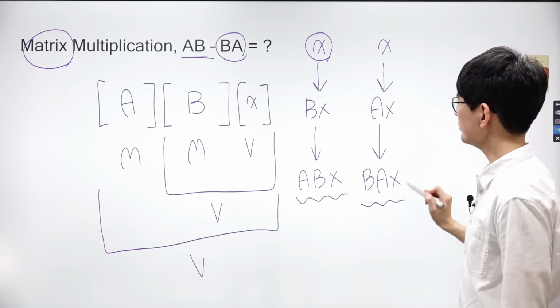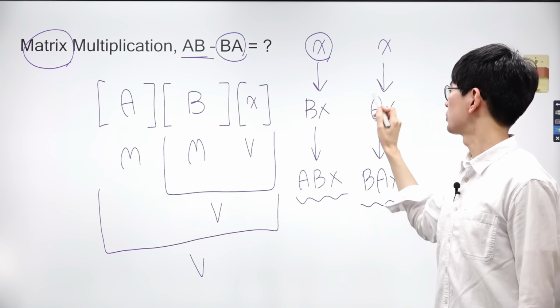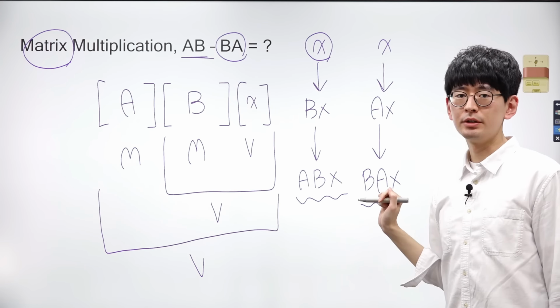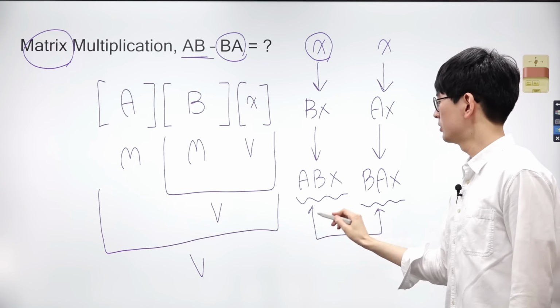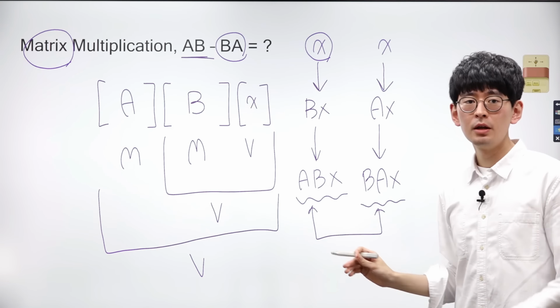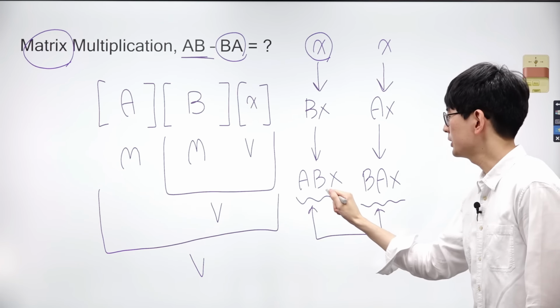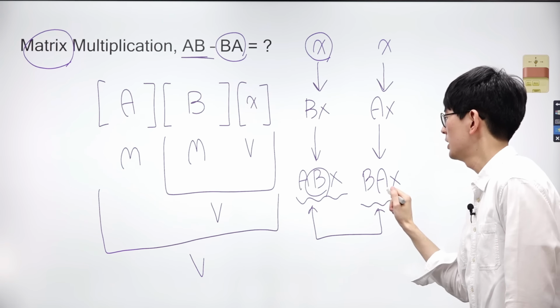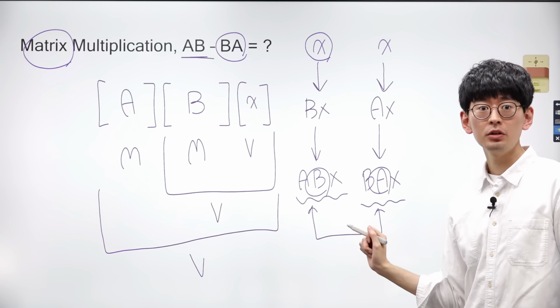Then, we multiply matrix B by the resulting product of matrix A and vector x. So, does the order of matrices in matrix multiplication matter? Yes, because AB initially transformed the coordinate space with matrix B first, whereas BA transforms the coordinate space with matrix A first.